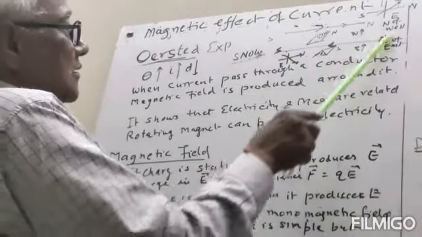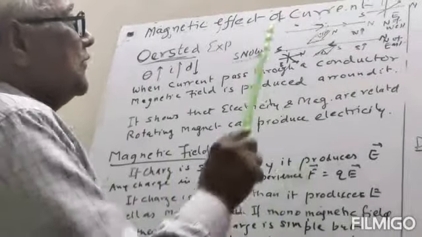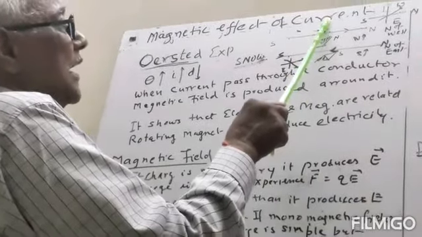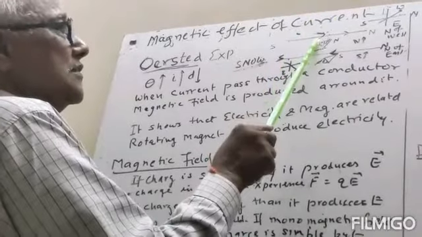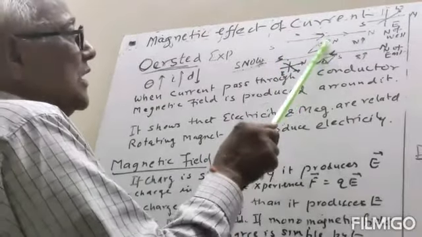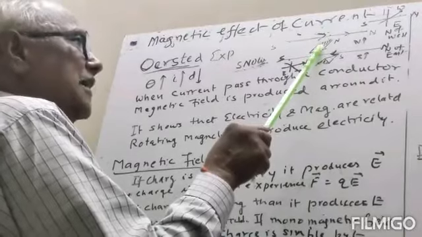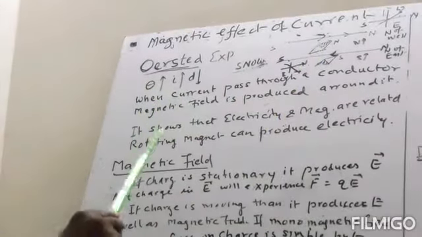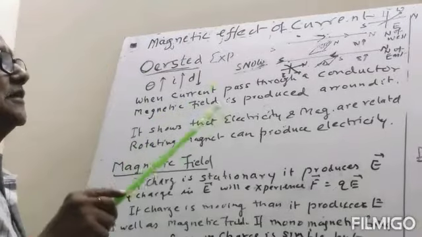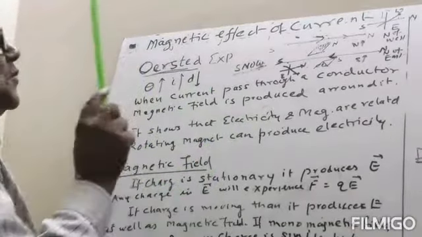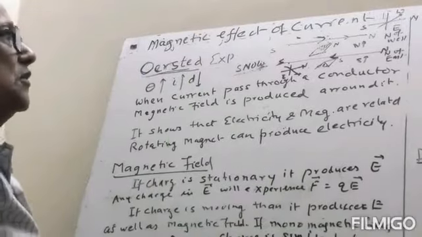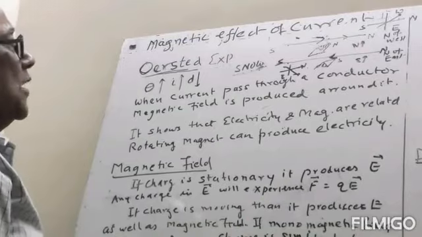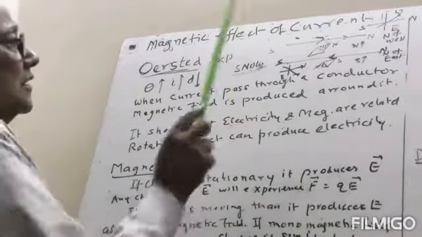If we put this needle on the upper side of the wire, then the results will be reverse. The action will be in the reverse direction. So we can say that when the current is passing through a conductor, a magnetic field is produced due to the flow of current, and this effect is known as the magnetic effect of the current.